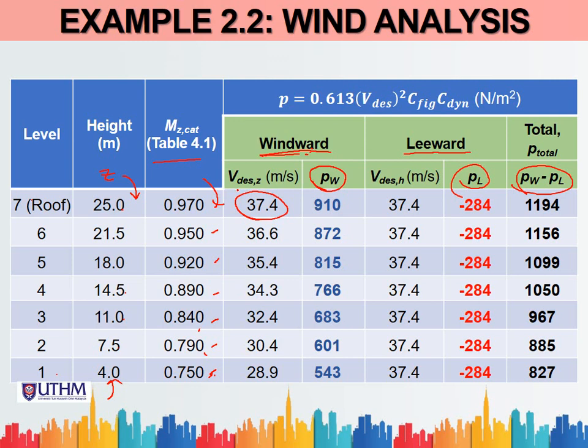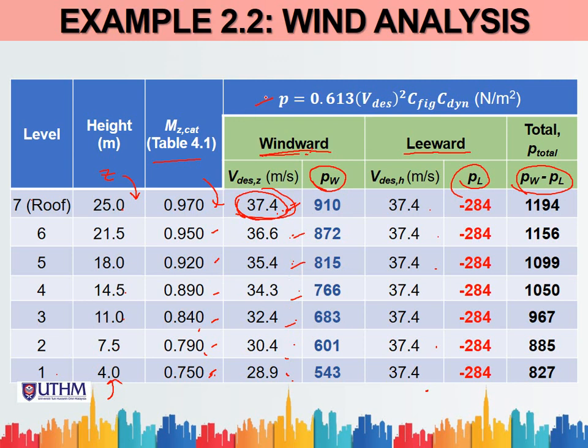So later you need to calculate for levels 6, 5, 4, 3, 2, and 1 based on M_z,cat. However, for the leeward wall the total is 25 meter. You just take this value of 25, so the value is the same. Do you understand?